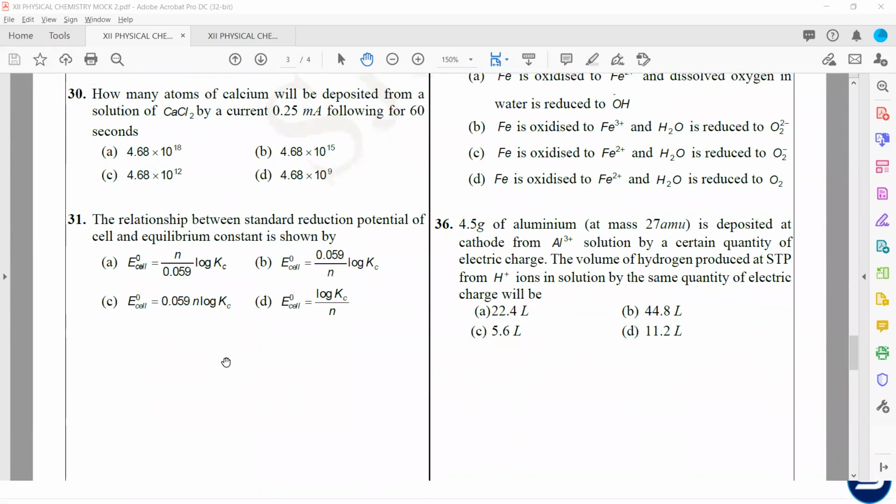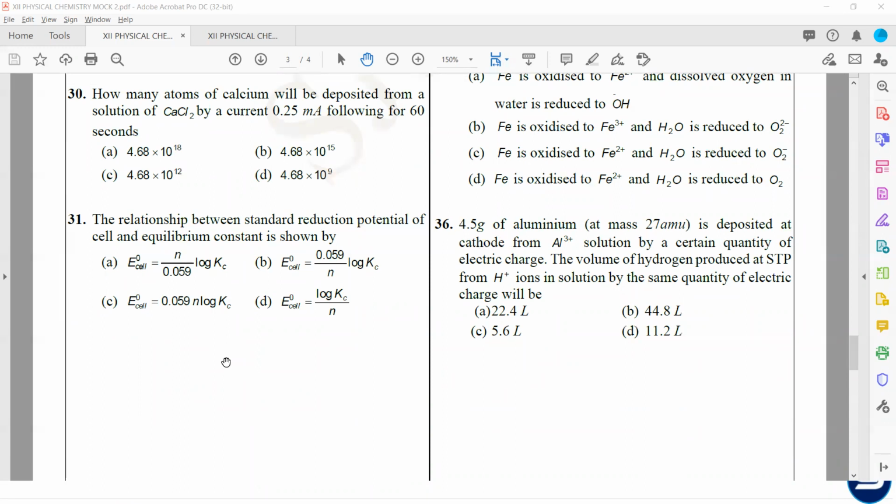How many atoms of calcium will be deposited from a solution of calcium chloride by a current of 0.25 milliampere flowing for 60 seconds? So you can first find out the number of moles of the calcium chloride. That will be equal to the number of moles of calcium ions, and then multiply by Avogadro.